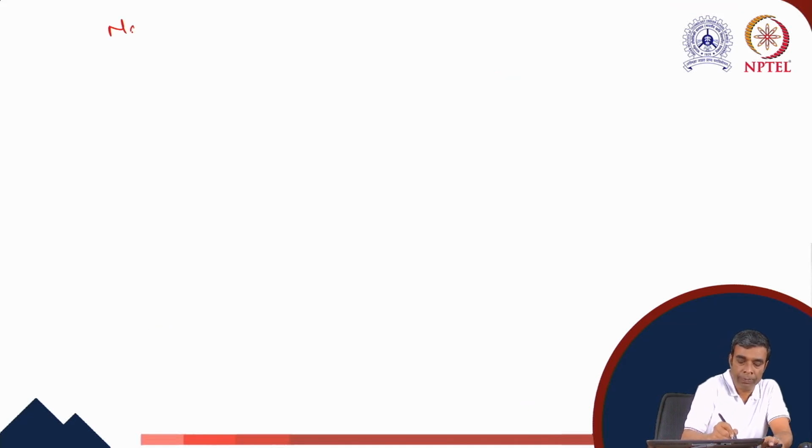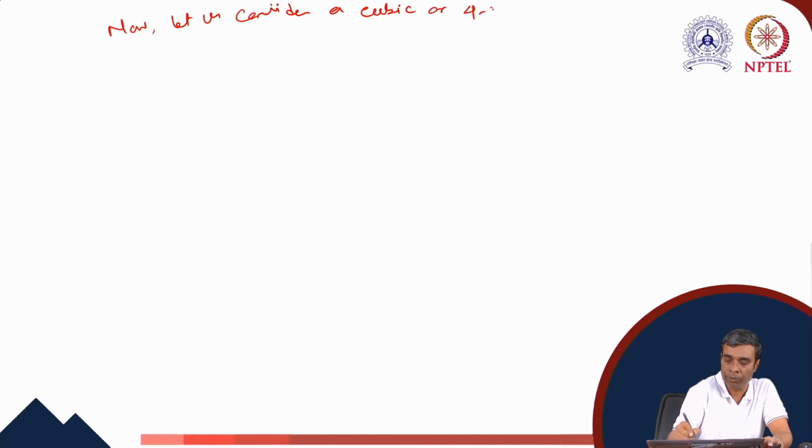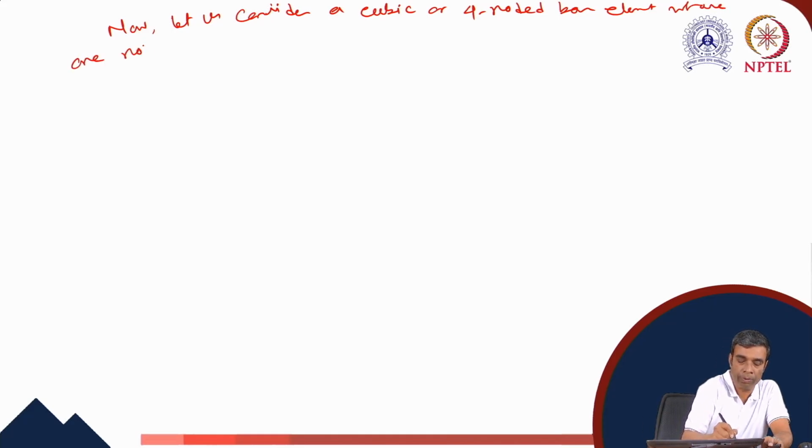Now let us consider a cubic or 4 noded bar element whose one node belongs to an essential boundary.